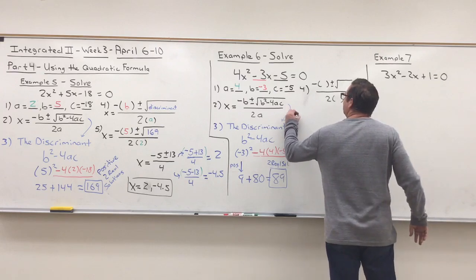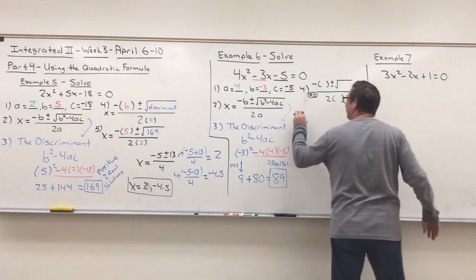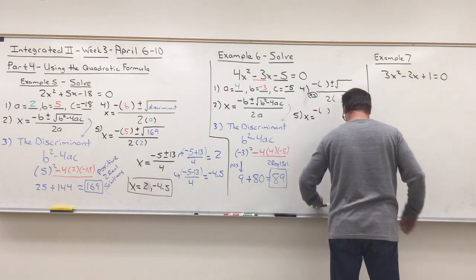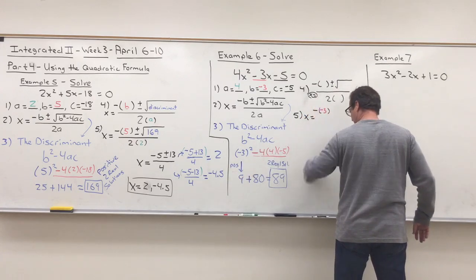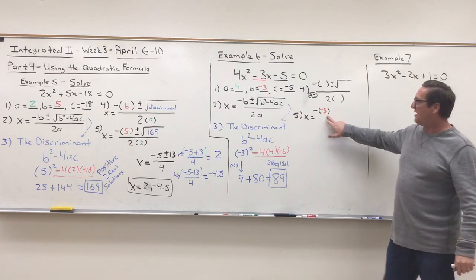Step 5. I keep forgetting to put x equals, but here we go. X equals negative 3. So I think you can see where a lot of mistakes are made.